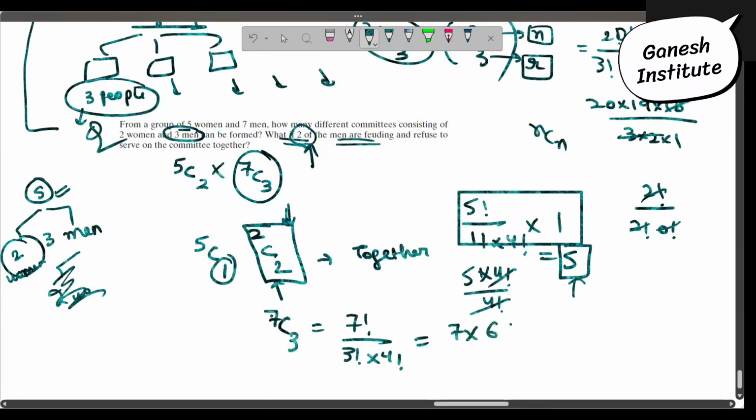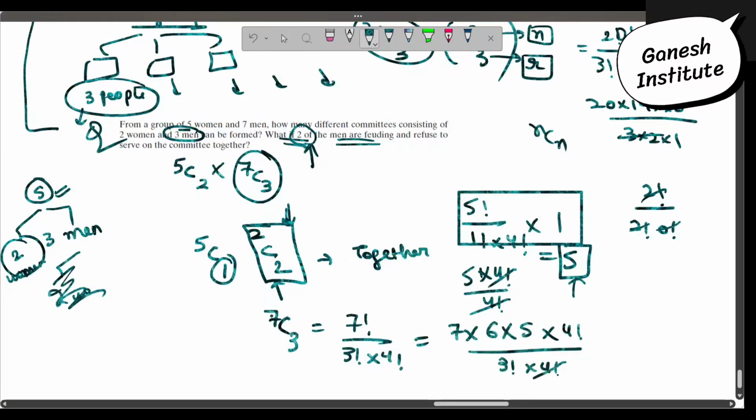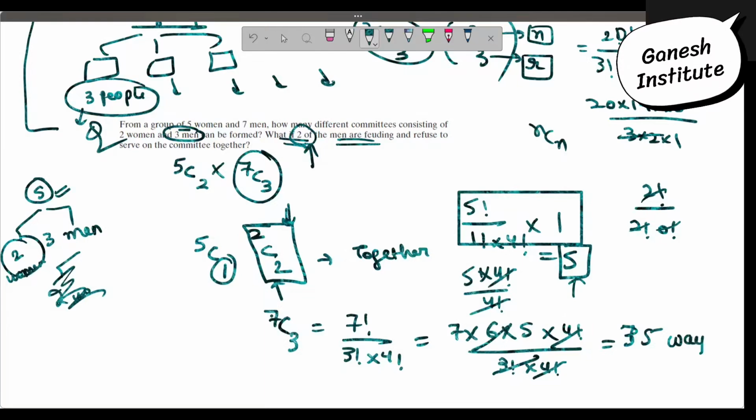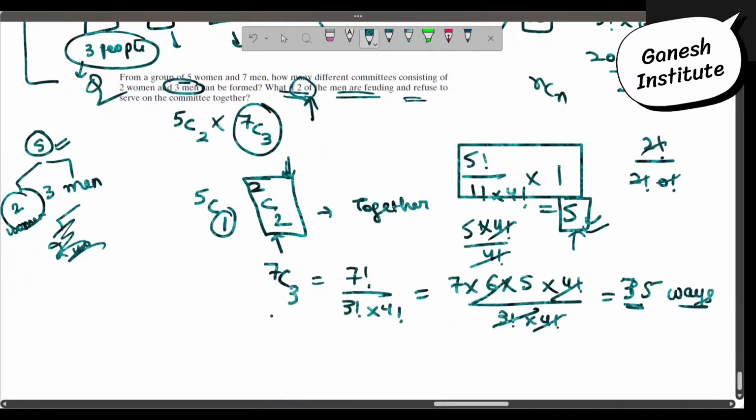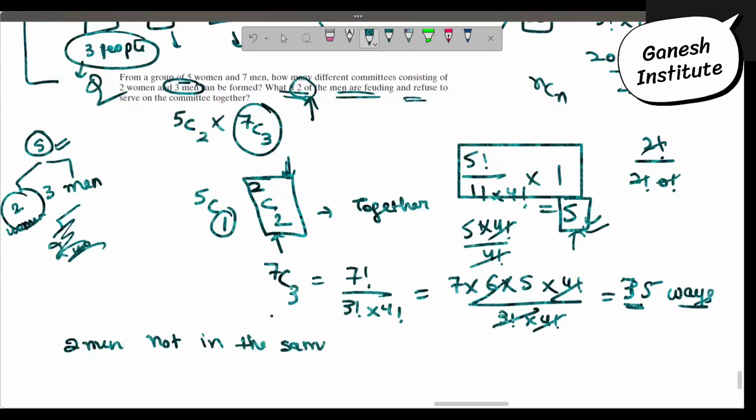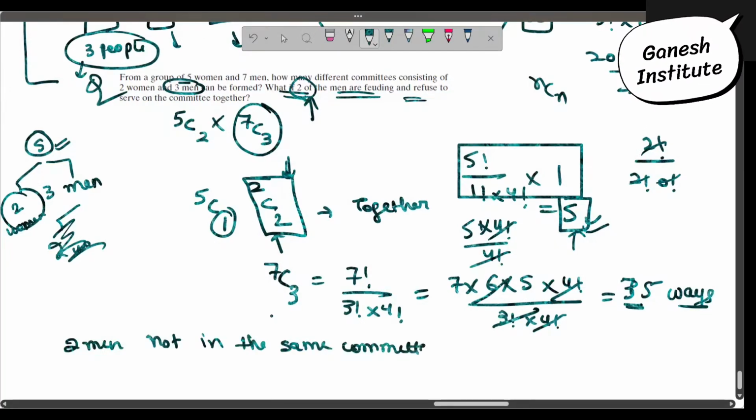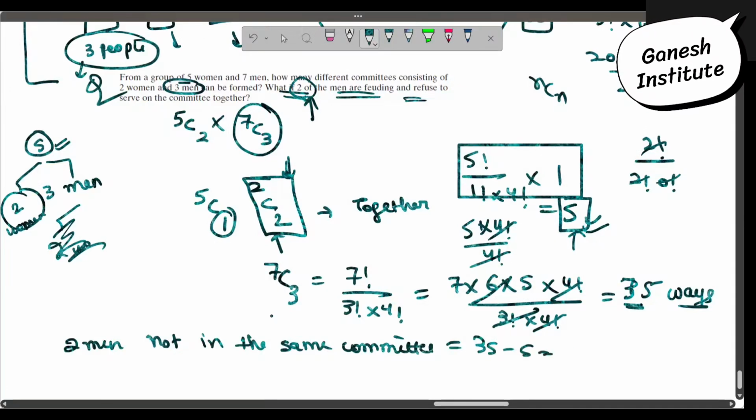So 7 times 6 times 5 over 3 factorial, which is 6, gone, gives 35. That means 5 ways of having them together and 35 ways in total. So for the two men having a clash not to be in the same committee, it will be 35 minus 5, that is 30 ways, right?